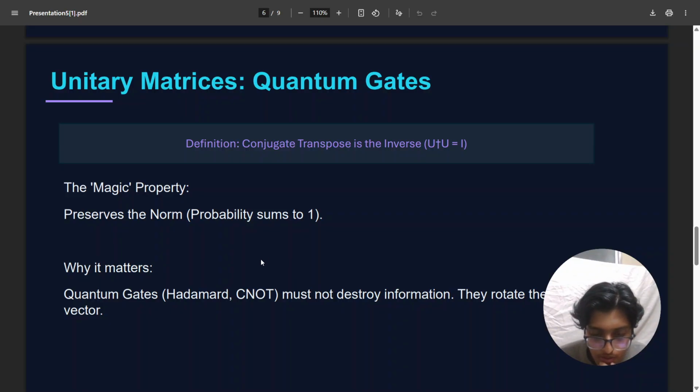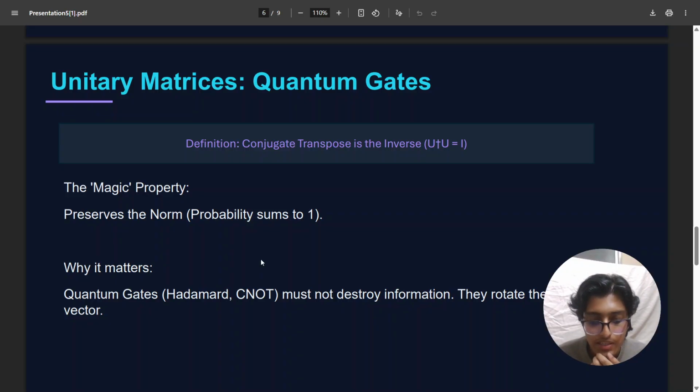Think about it this way. The length of a quantum state vector represents the total probability of the system. The probability of the qubit being 0 plus the probability of it being 1 must add up to 100%, or 1. If a quantum gate stretched the vector, the probability might become 120% or 50%, which is impossible.